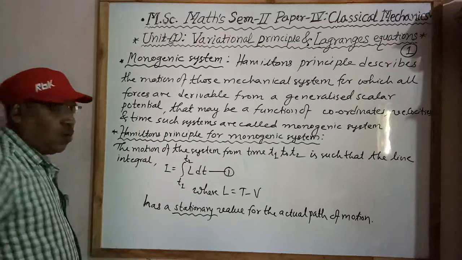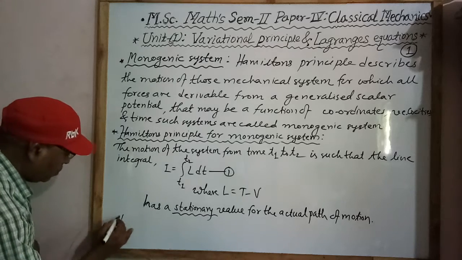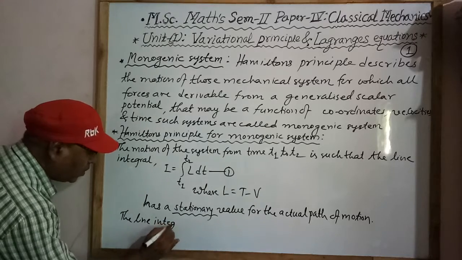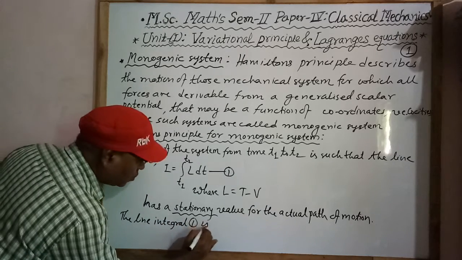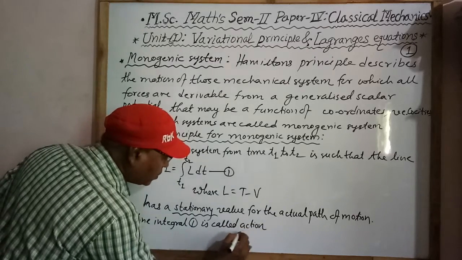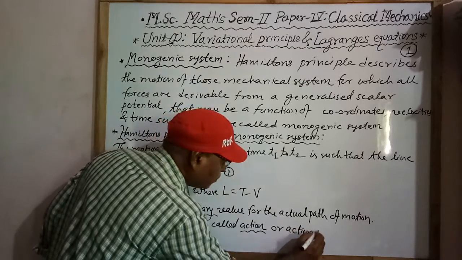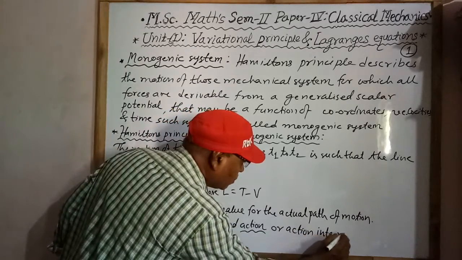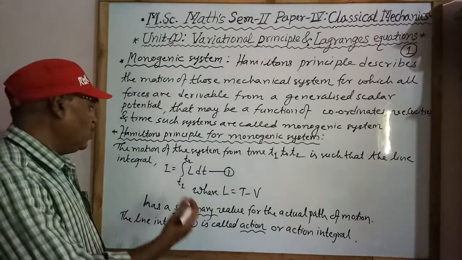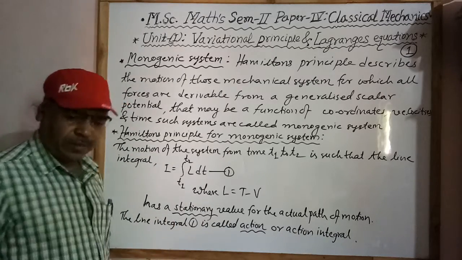The line integral is called action, or action integral, where this L is the Lagrangian, which is the function of q1, q2, so on, qn, q1 dot, q2 dot, qn dot, and also with time.